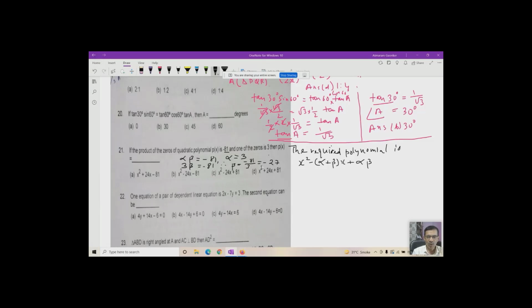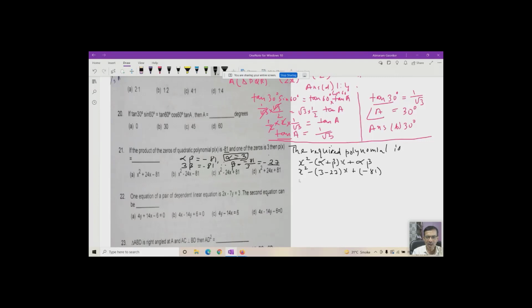So we know beta as minus 27 and alpha as 3. I will put it in this. The required polynomial will be x square minus (alpha plus beta), where alpha is 3 and beta is minus 27, multiplied by x, plus alpha beta. And the product alpha beta is already given as minus 81.